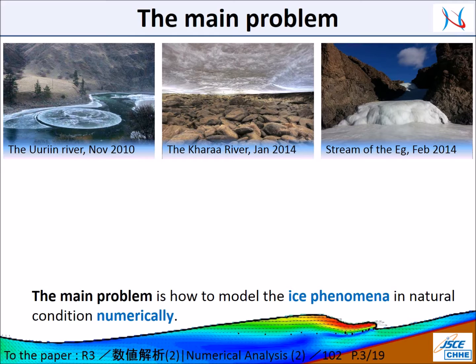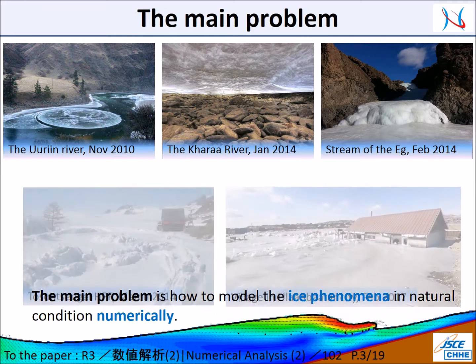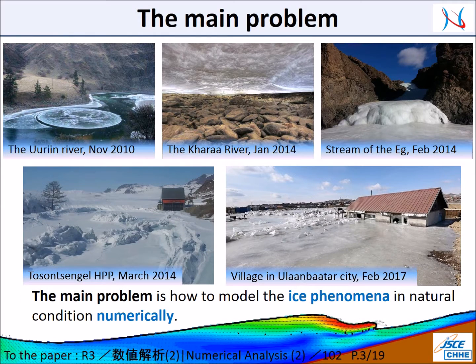Those natural phenomena are very interesting to understand the physics based on numerical methods using mathematical models. Also, we can find that ice is a problem where people work or live. So the main problem is how to model ice phenomena in natural conditions using a numerical model.